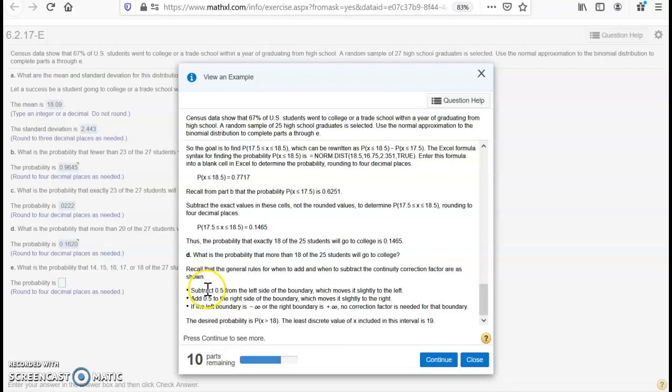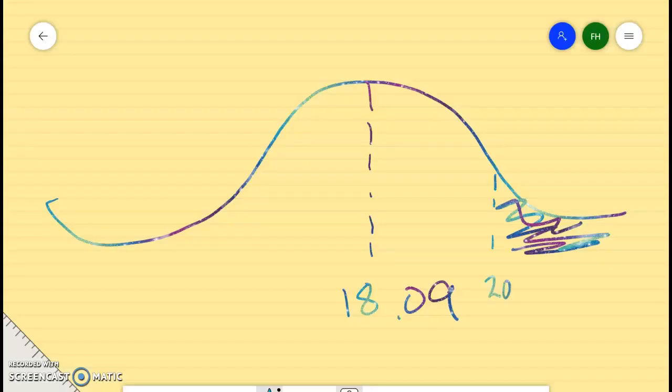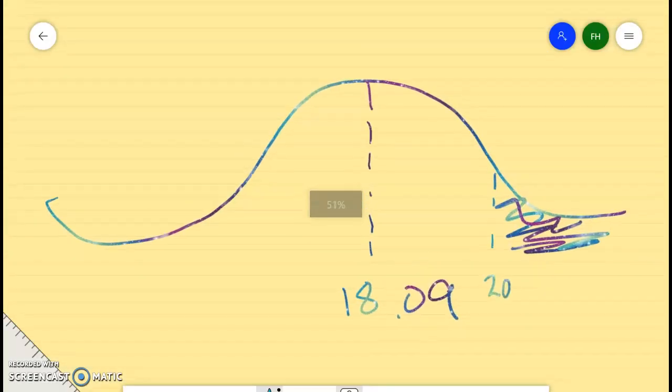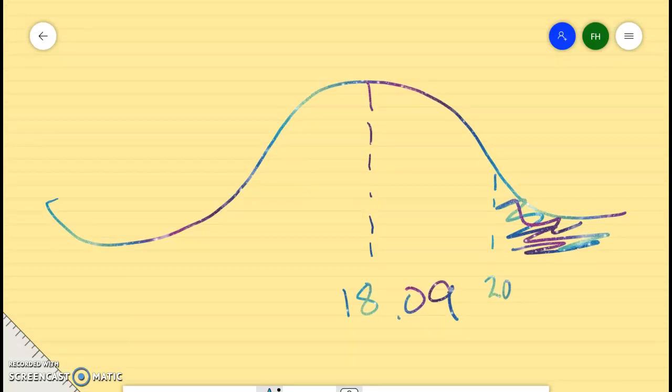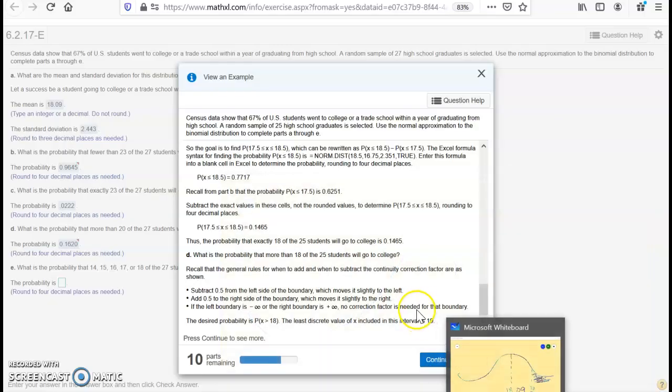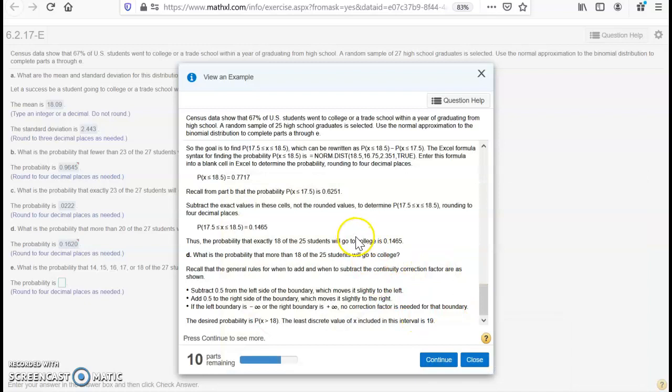So our right boundary, we want it to be 0.5 above that. So we are wanting to start not at 20, but add 0.5 to it. So 20.5, and that is just the rule if you're doing more than.